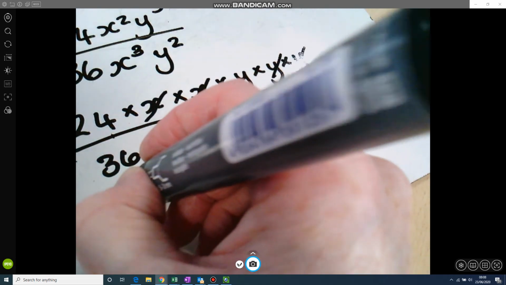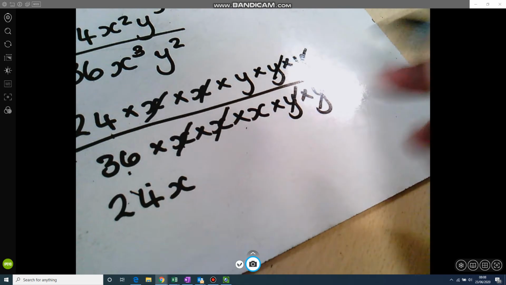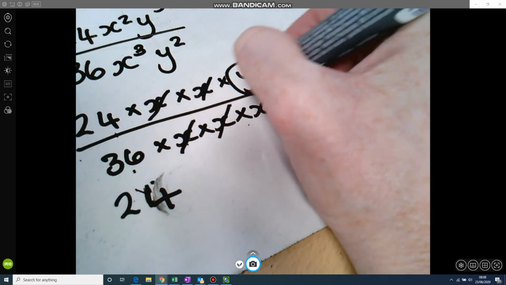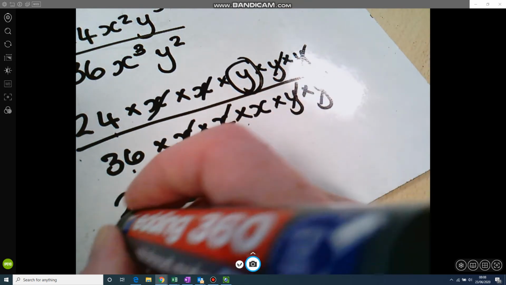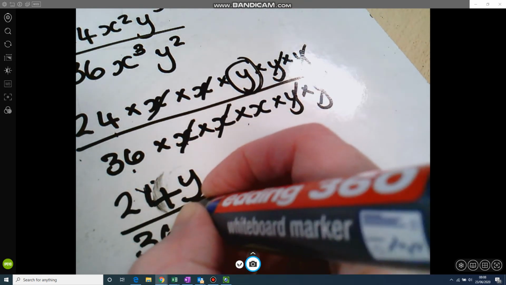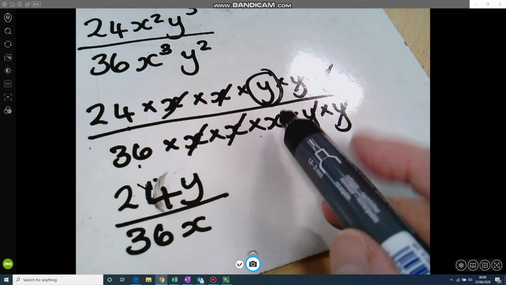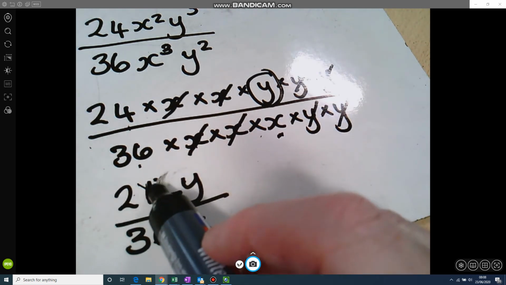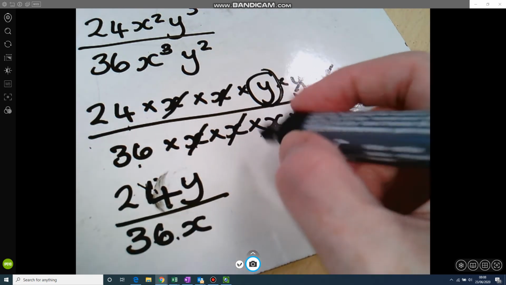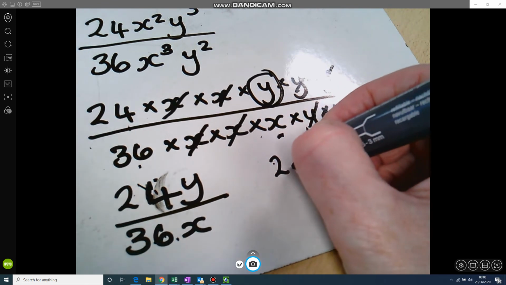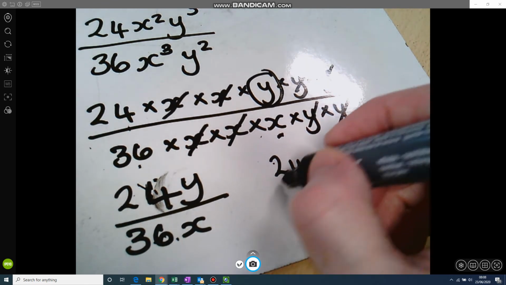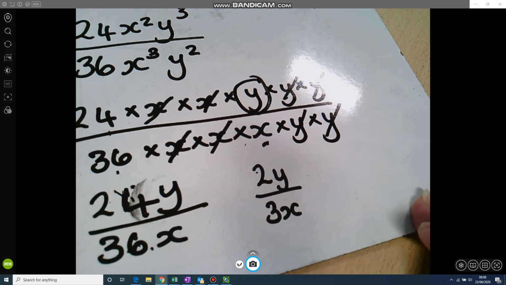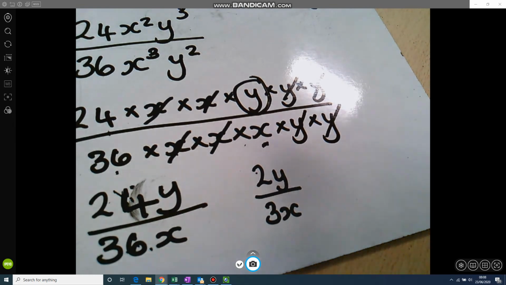We have 24y, because y is the only letter left on the top, divided by 36x, because x is the only letter left on the bottom. 24 and 36 have a common factor of 12, so 24 divided by 12 is 2, and 36 divided by 12 is 3. So we end up with 2y divided by 3x.